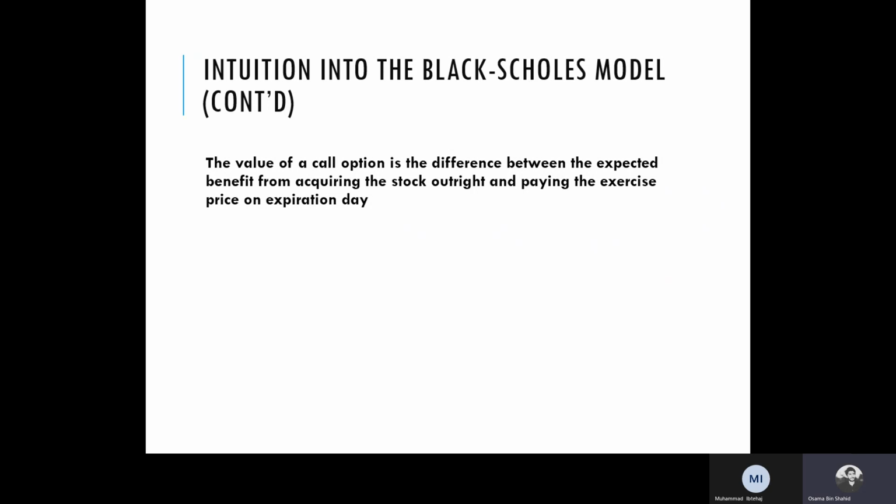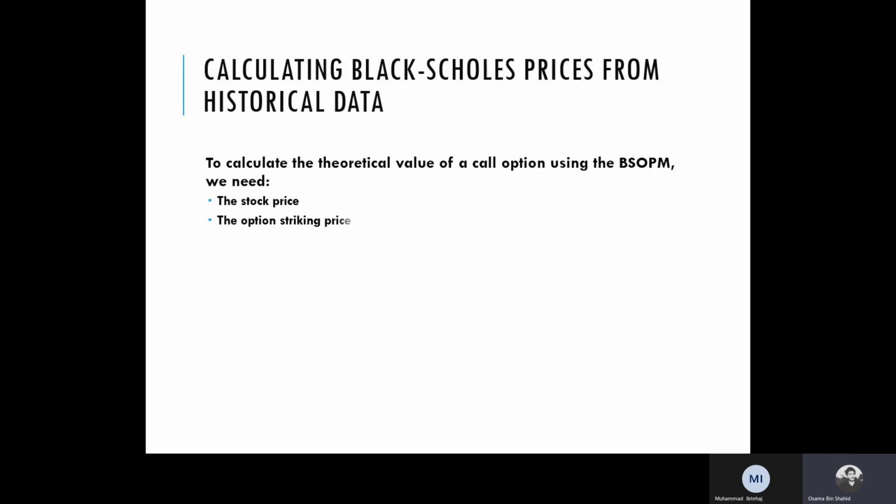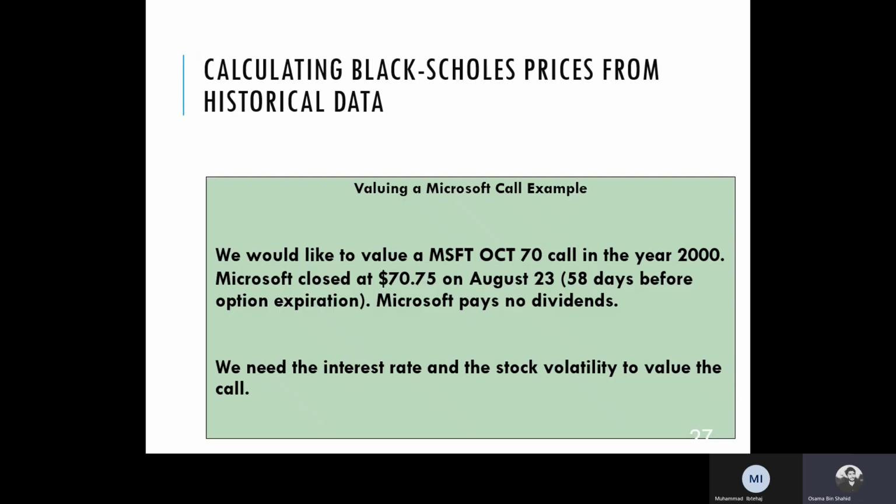The value of call option, as we all know, is as discussed. Now we will discuss an example of the Black-Scholes from historical data. We will use a real life example where Microsoft had a call option at the price of 70. The strike price was 70, and the stock price is 70.75.